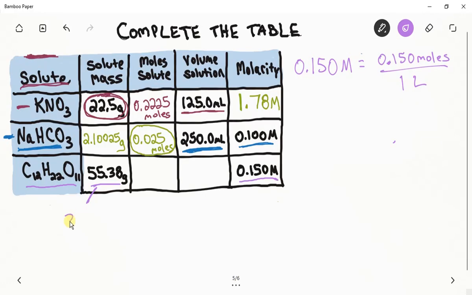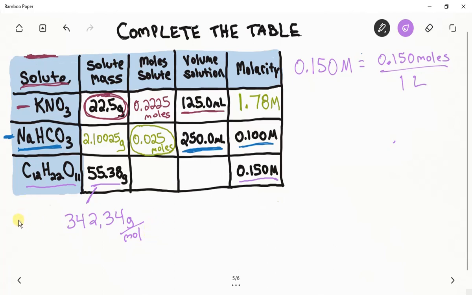So we have 342.34 grams in 1 mole of C12H22O11. But our table says that we only have 55.38 grams. So how many moles is that if 342.34 grams is 1 mole?